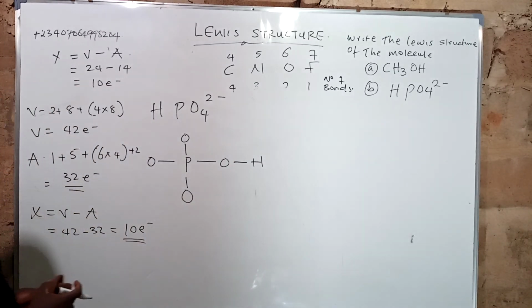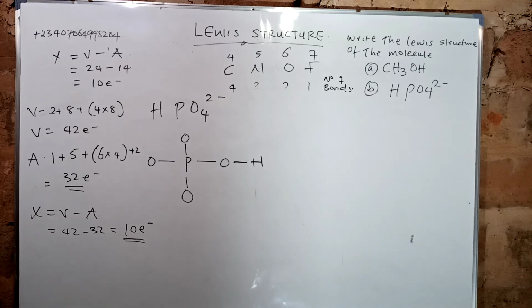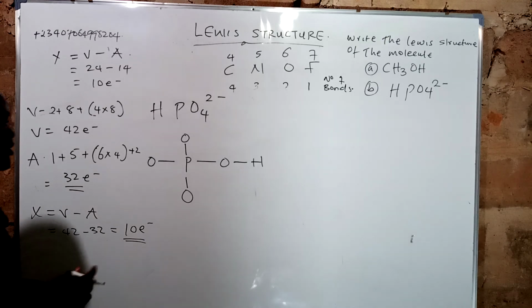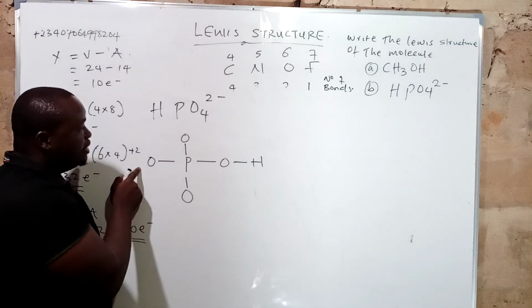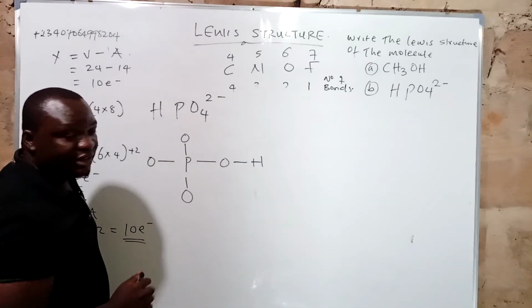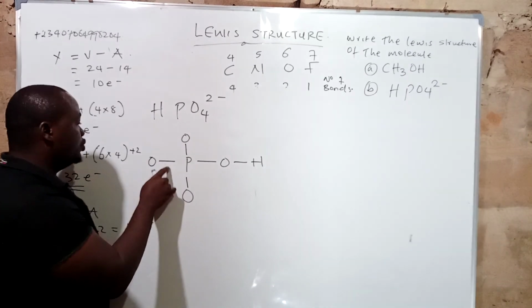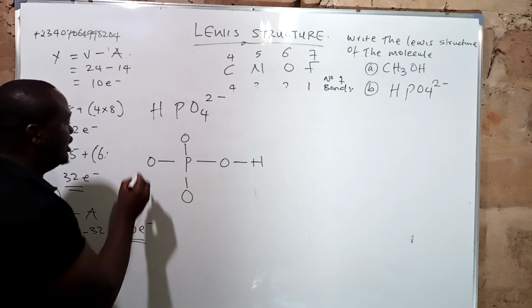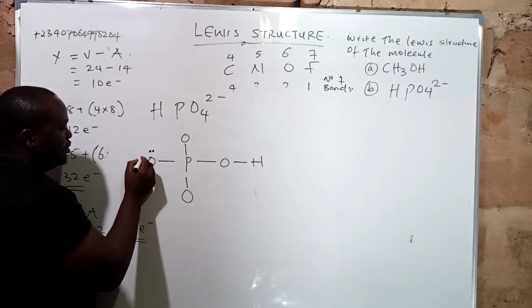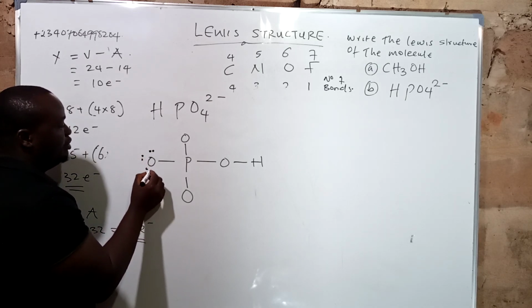Now, is this equation balanced yet? No. Of course, we have to balance it. Now, look at this place. We only have 1 bond attached to oxygen, right? And oxygen needs 8. So this is only 2 electrons. So it needs 6 more electrons, right? So this is it. It has to be in dots because that means it's lone pairs.